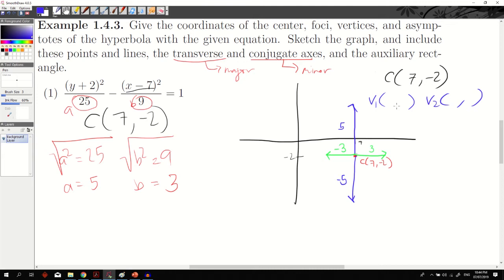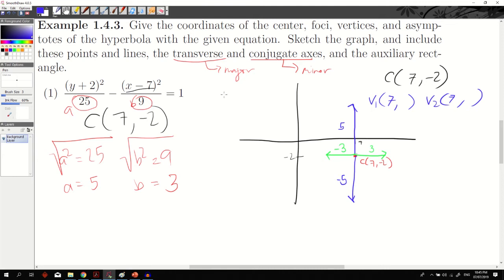Okay, so what should we change? Is it the y or the x? Okay, so we change the y. So the x should always be the same with the vertex.